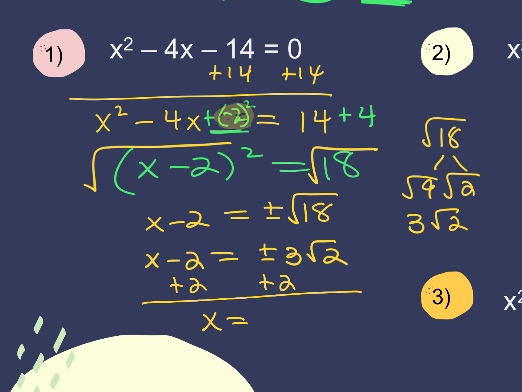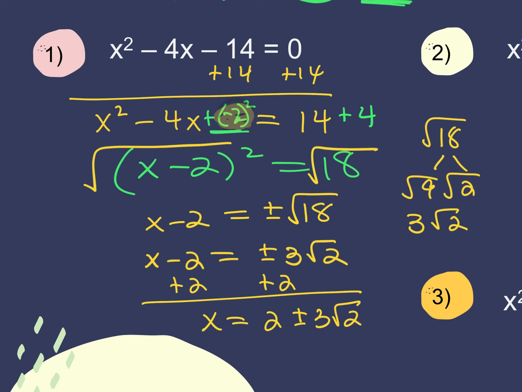And x is equal to 2 plus or minus 3 square root 2. And you're done. Now, remember, this plus minus sign actually means that there are 2 separate answers. When you're doing these questions, WebAssign's going to ask you to put it in as two different answers.